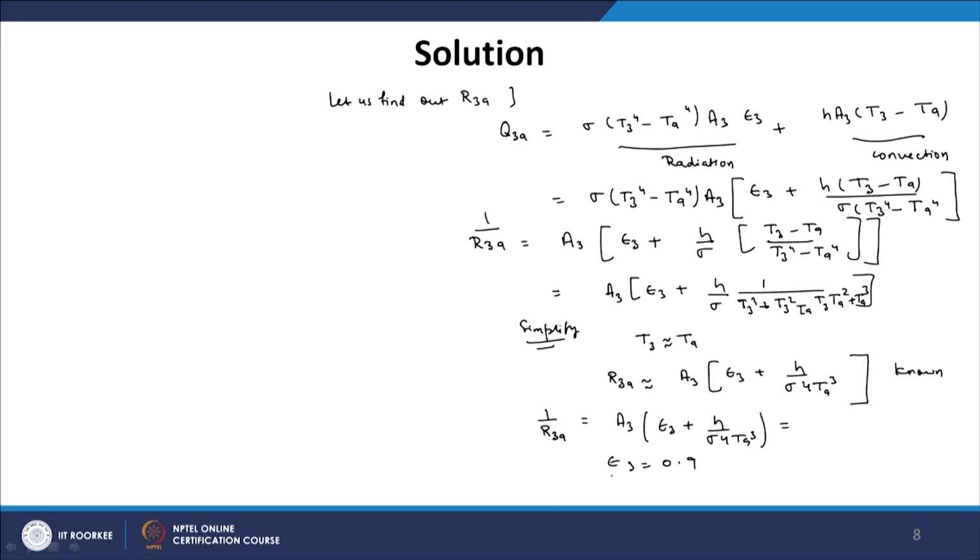The value of H is given as 5 watt per meter square Kelvin, and Ta is given as 17 degrees C. So, we substitute these values into this. A3 is given as 1 meter square. So, all these values we substitute and we get the value of 0.554 meter square. So, this is the resistance between the top surface combining radiation and convection.